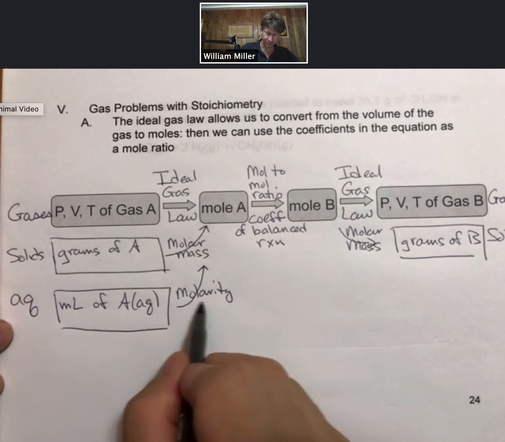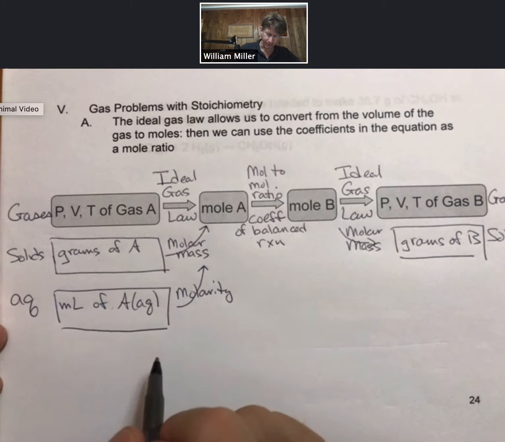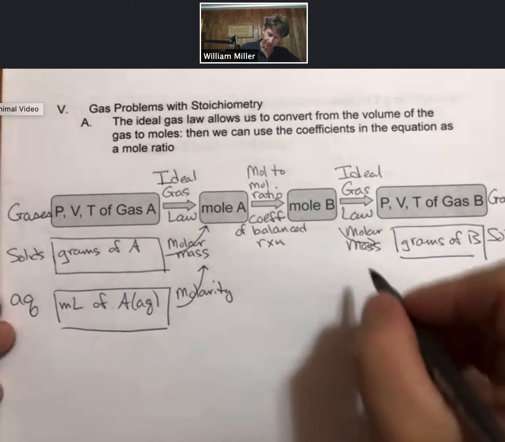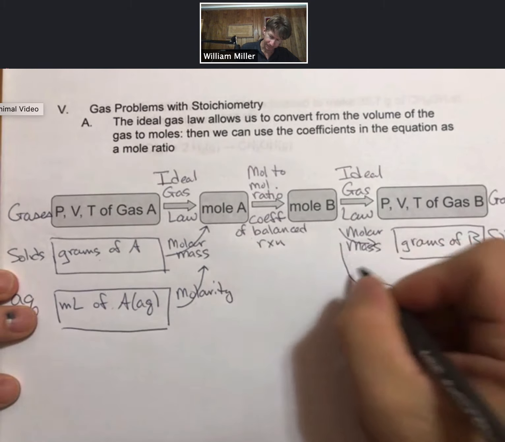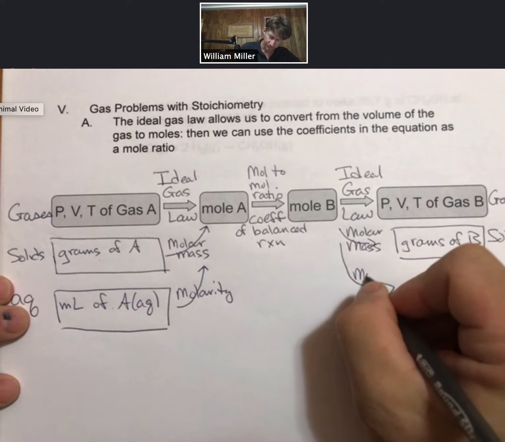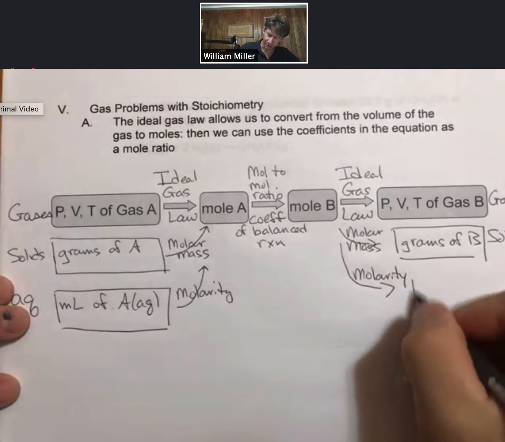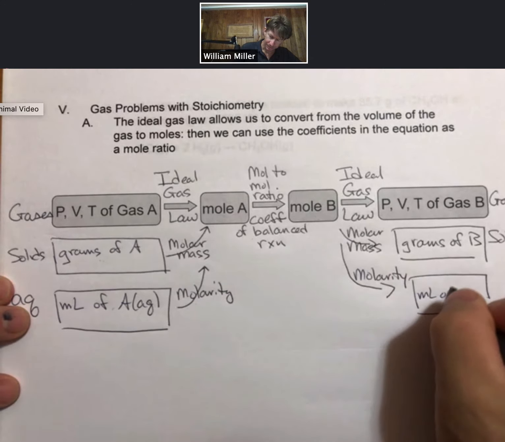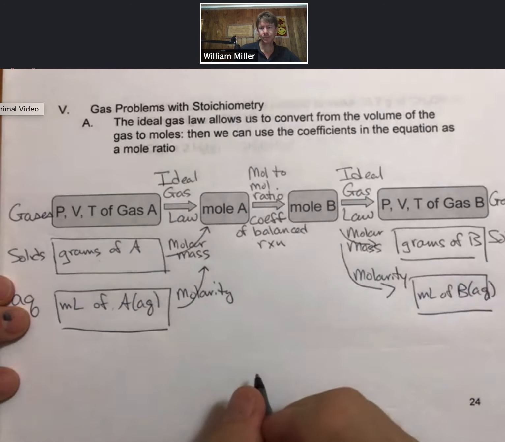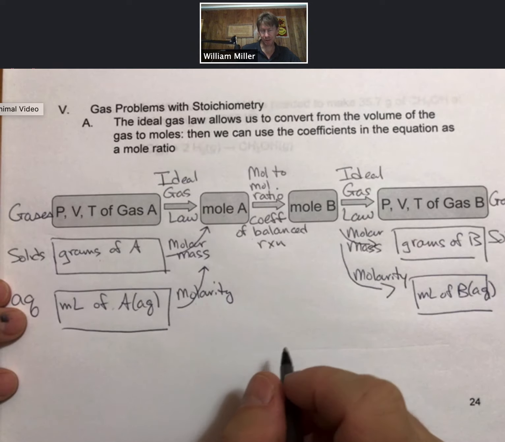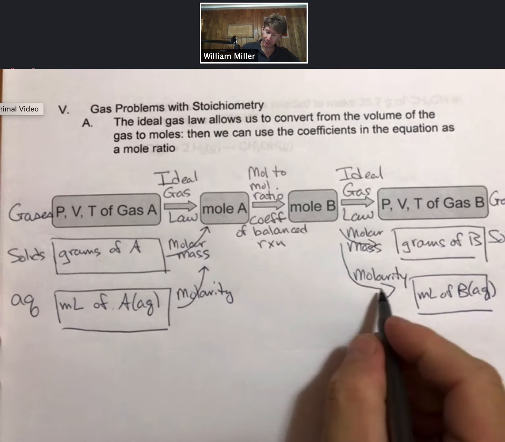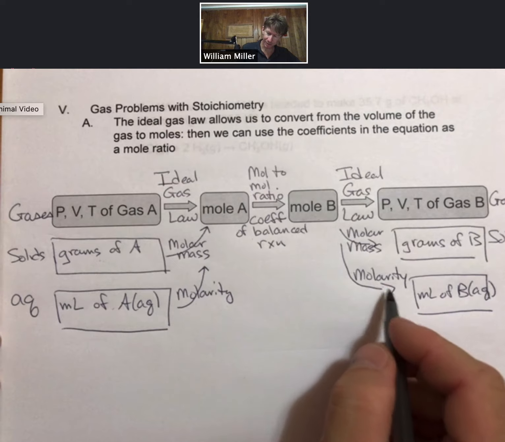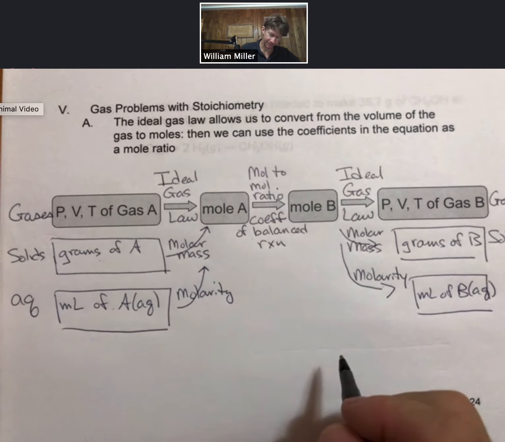So two pieces of information here. And likewise, on the other end, you can get to milliliters on the other side, using molarity, this time molarity of aqueous B solution.